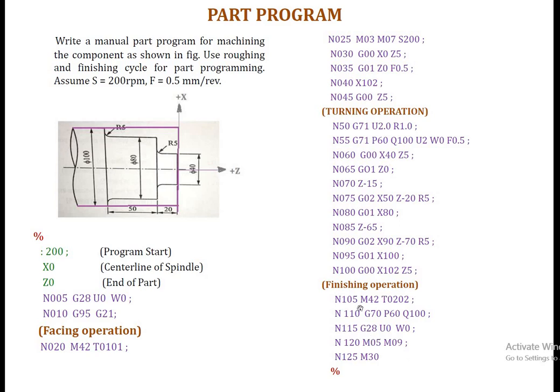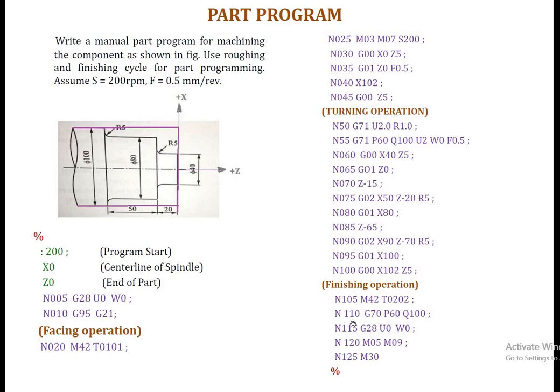We'll go for this line M42, which is the high speed range. T02 is turret number 2, and 02 is the tool offset value from the register number 2. So we have changed the tool to turret number 2 for the finishing operation.